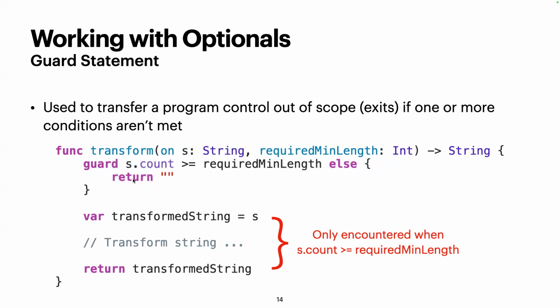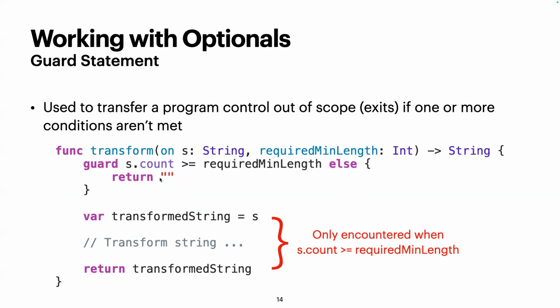Now, in some contexts, you could use a break here. You could use a continue here. There are other clauses that you could do, but usually you just want to return out of the function because some requirement isn't satisfied. Just to recap, the guard statement needs a condition. If the condition is true, we continue onwards with the rest of the function. If this is false, we call this else clause and return out of this function.